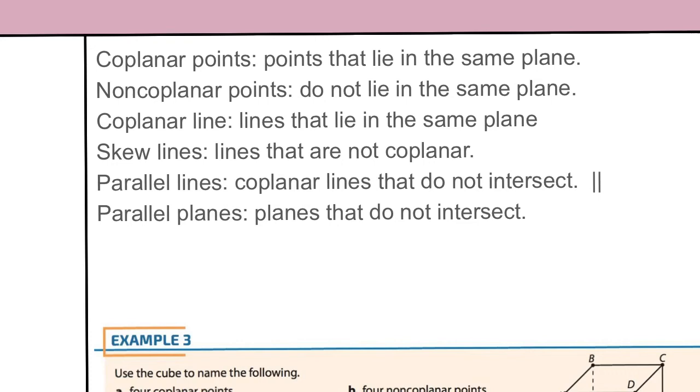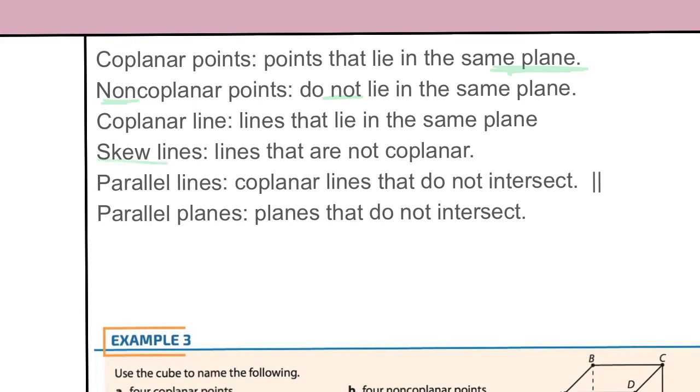So coplanar points, just like collinear, but coplanar points are points that lie in the same plane. Non-coplanar points, again, do not lie in the same plane. A coplanar line is a line that lies in the same plane, okay? So 2 lines that lie in the same plane.